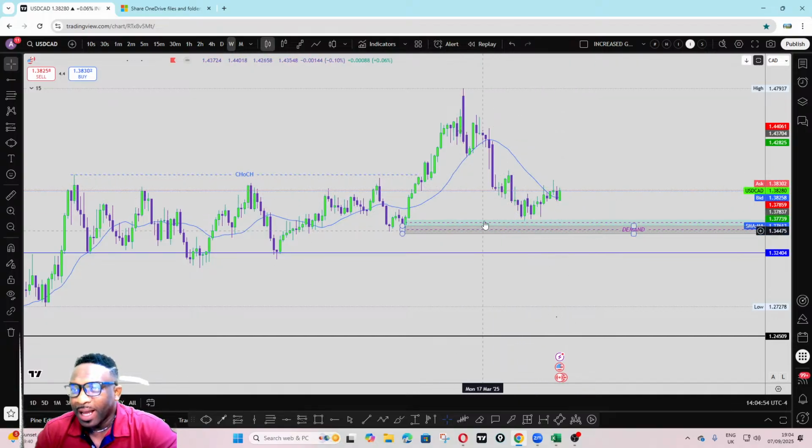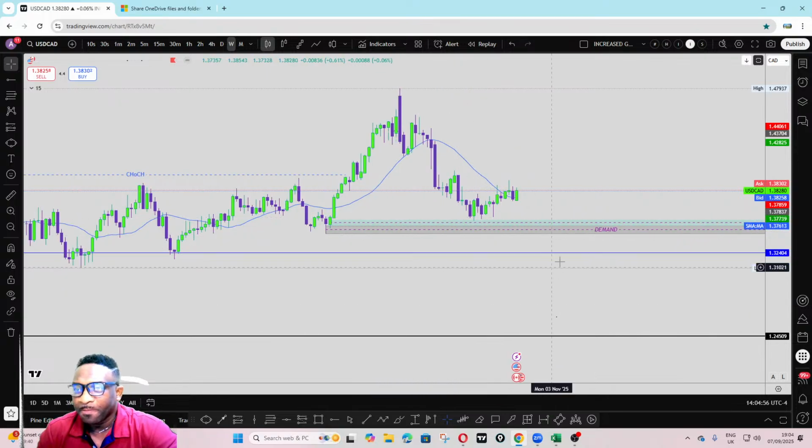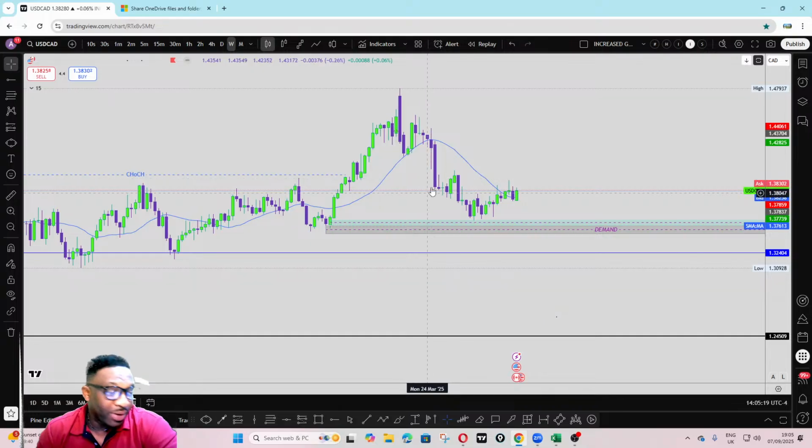As we can see here, we want to read the market structure and identify any possible areas where there's a break of structure, or the most likely area that price will turn out and then be heading towards.